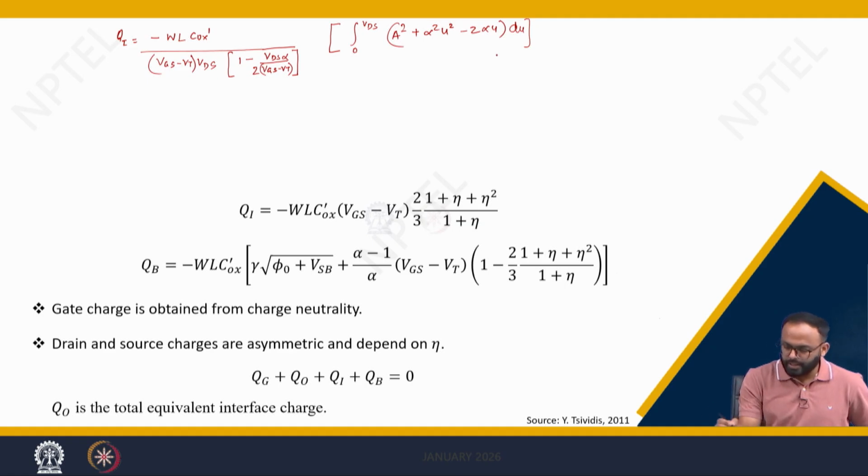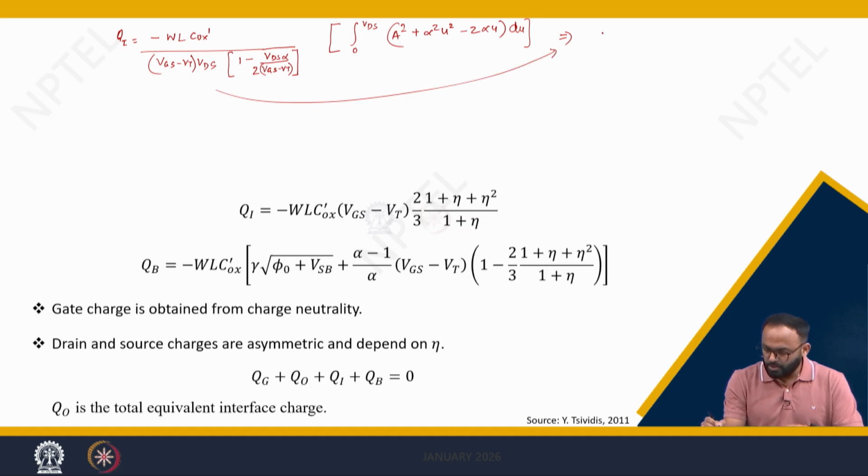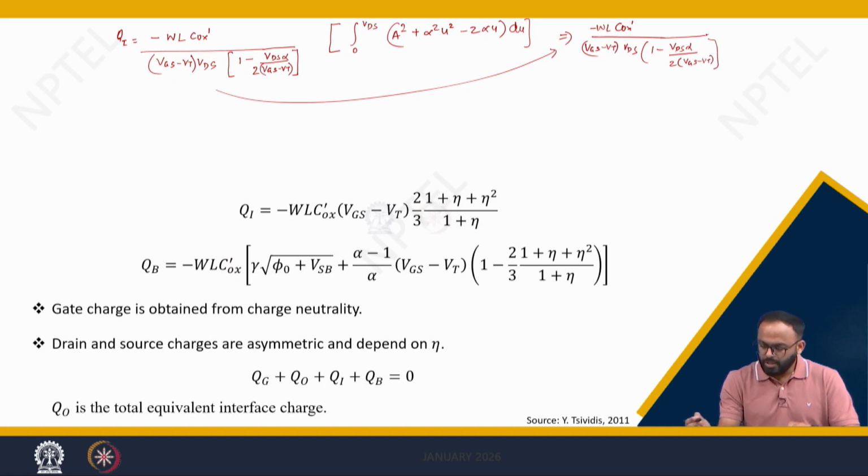So, again I am rewriting this equation as this factor will come here. So, minus W into L into Cox dash Vgs minus Vt into Vds is common, 1 minus Vds into alpha divided by 2 times of Vgs minus Vt. Now, this will give you A square into du, right.